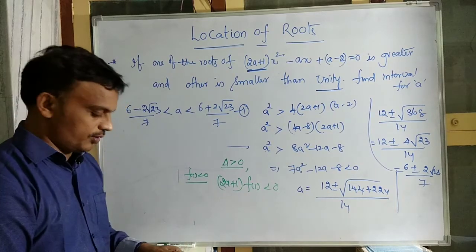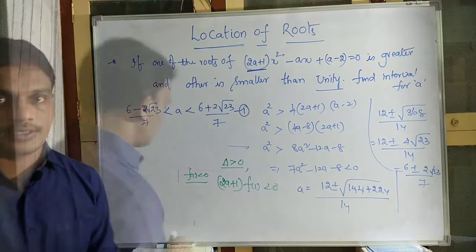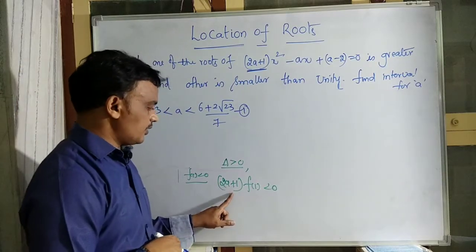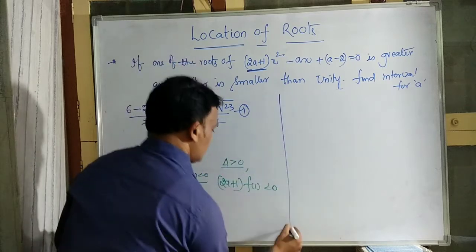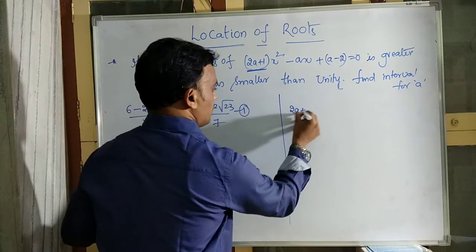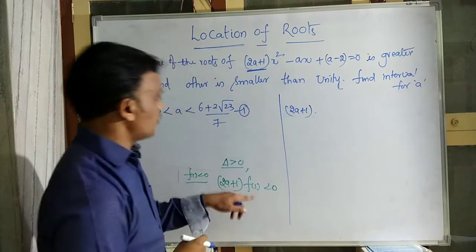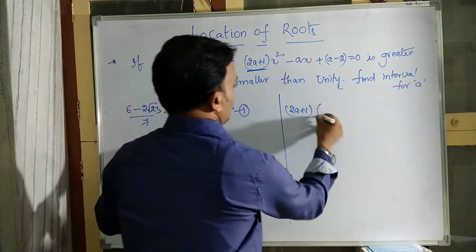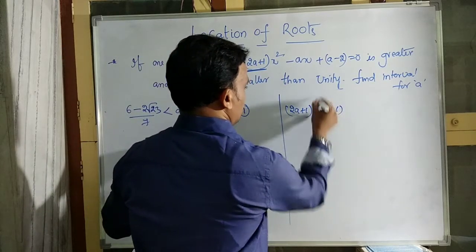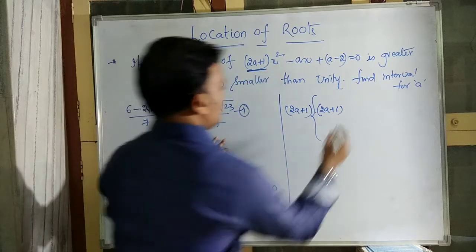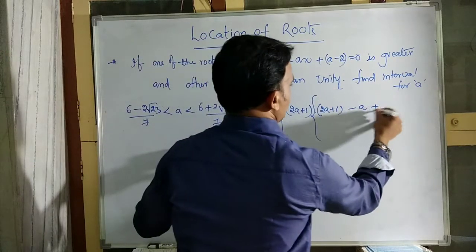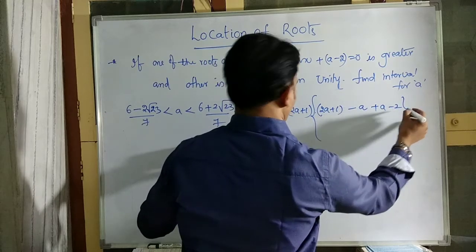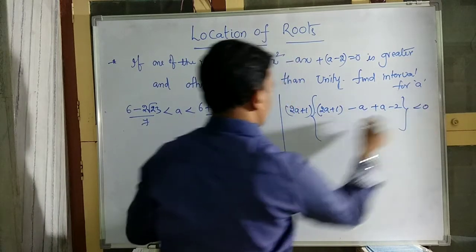So I will take one more condition. The second condition: (2a plus 1) into f of 1 is less than 0. What is f of 1? It is (2a plus 1) of 1 square minus a of 1 plus a minus 2, which is less than 0.